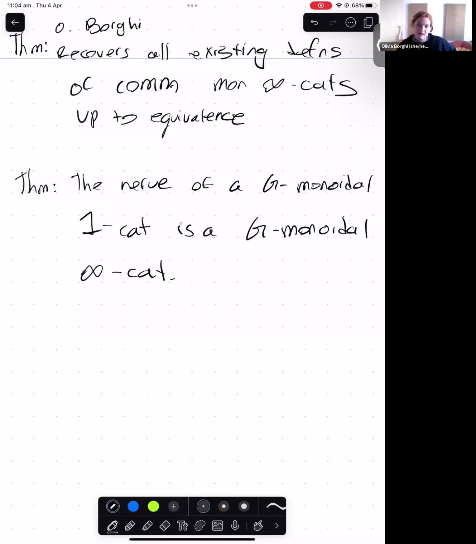For me, the only thing I cared about was this specific case where I have a category enriched in groupoids. I'm not sure if it would be the same as doing first the simplicial groupoid. Okay, I'll have to look into the Duskin nerve, but the description you gave is exactly what should be happening homotopically, so it's fine. That's why I ended up choosing that way. I was like, this is clearly what I want to happen. Right. Okay, thank you.